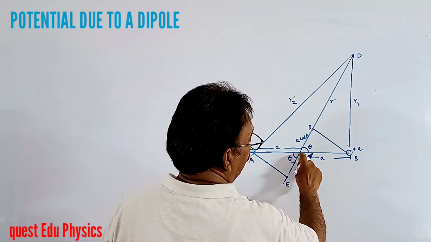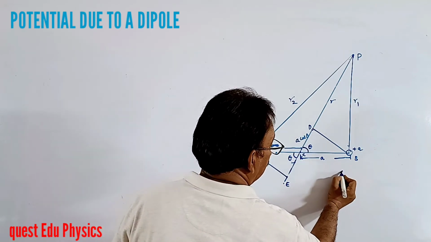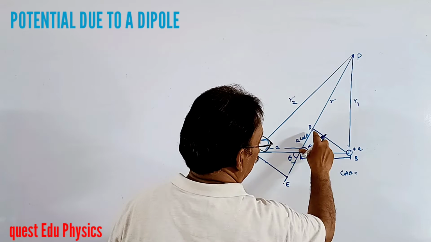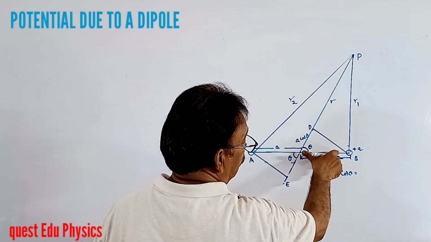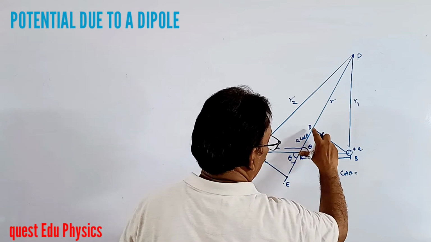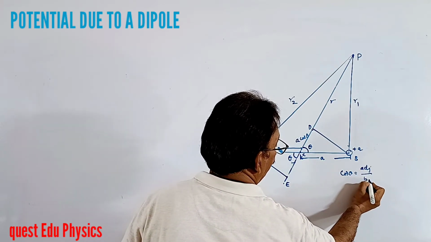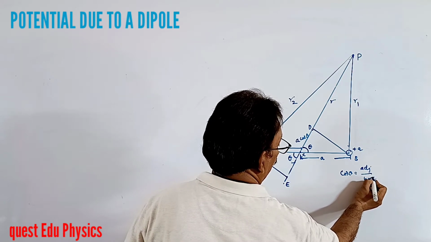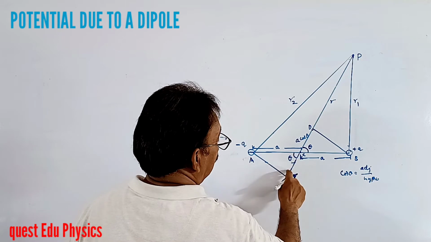If it is a and it is a cos theta, you know that cos theta is equal to adjacent to hypotenuse. Okay students, adjacent to hypotenuse. Similarly, this length.